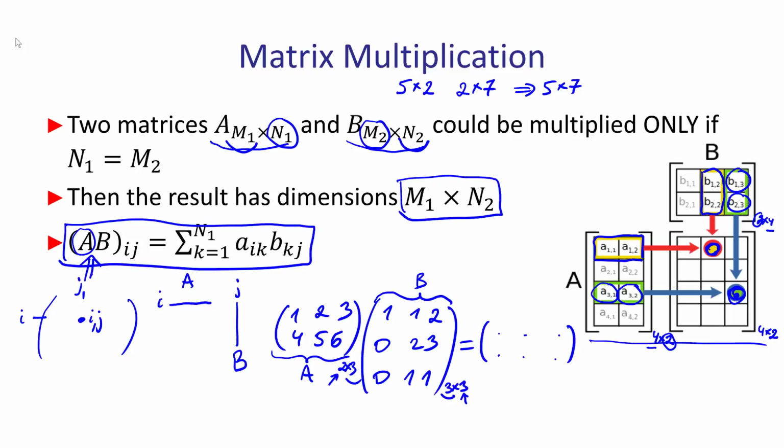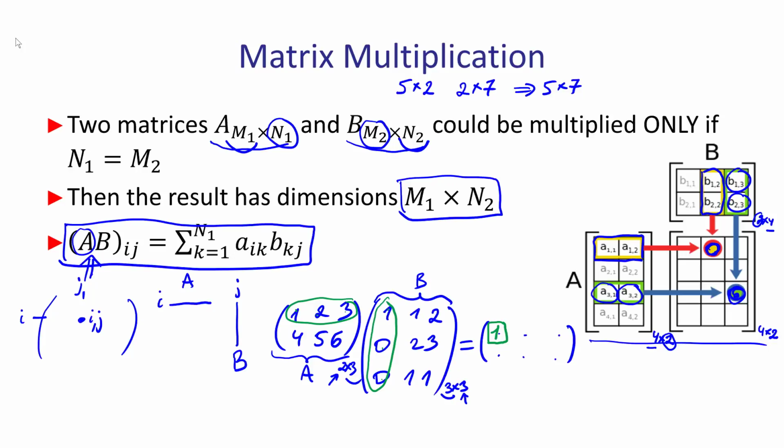Now, let's see how we do that. First of all, we take the first row from here and make a dot product with the first column, to get that element here. So it will be 1 multiplied by 1, 2 multiplied by 0, and 3 multiplied by 0. So the result will be 1.